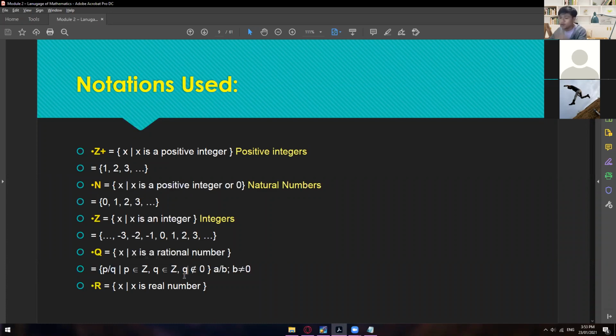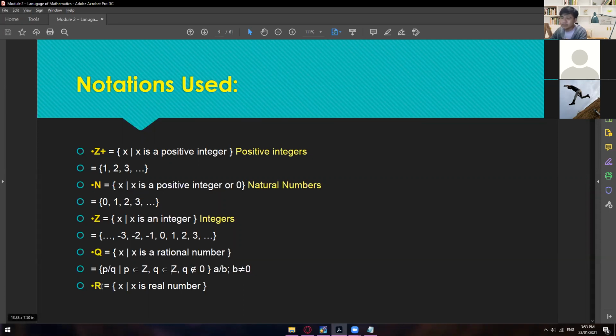If you put that in our calculator, it will give you a math error. The same with this one, we can have a fraction with A as the numerator and B as the denominator, wherein B should not be equal to 0. That's the only limitation for the rational number.